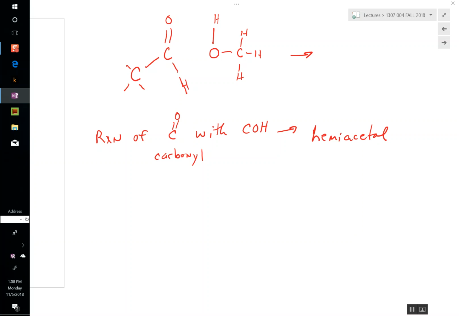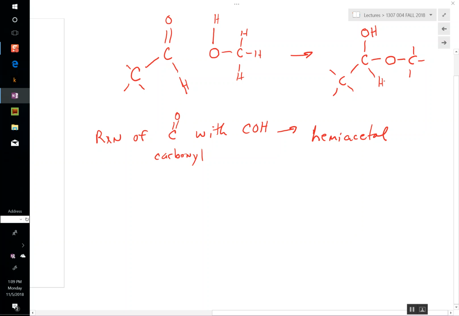So the oxygen is going to go on the carbon, and the hydrogen is going to go on the oxygen. So you're going to get an OH up there. Here's the other part of this molecule, drawn the same way I had it over there. And the oxygen of the alcohol and the whole rest of the alcohol molecule is going to be attached to the carbon. There's your hemiacetal. Is there still an H on that second C under the OH? Oh, yes. Thank you. Yes.